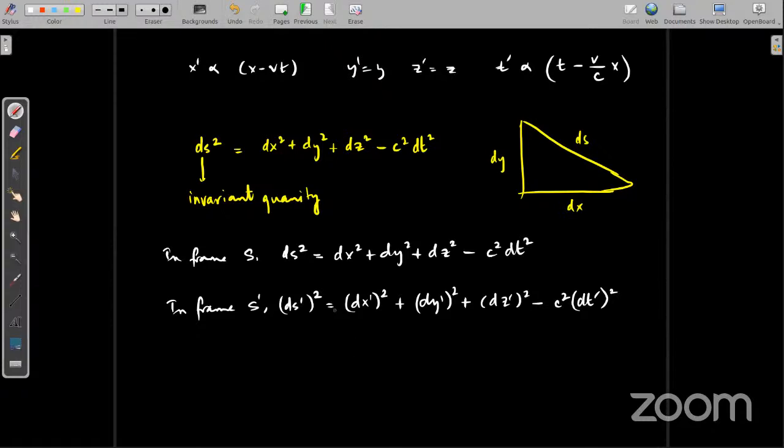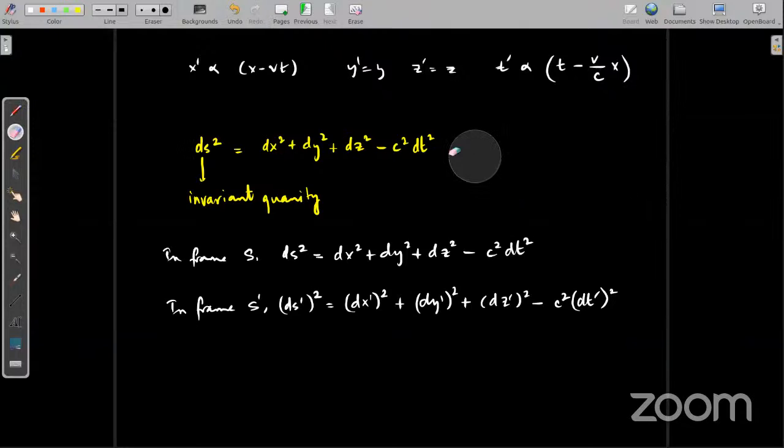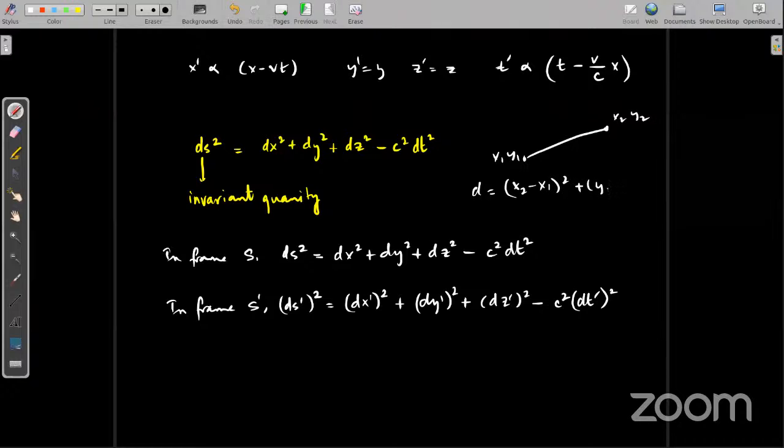My question is, can you explain again why we use the Pythagoras theorem here to find ds squared? Pythagoras theorem isn't exactly the correct way to look at it, but it helps you look at things in an easier manner. It's basically how you calculate distances in coordinate geometry. If you have 2 points, x1, y1, and x2, y2, the distance between them is x2 minus x1 the whole squared plus y2 minus y1 the whole squared.